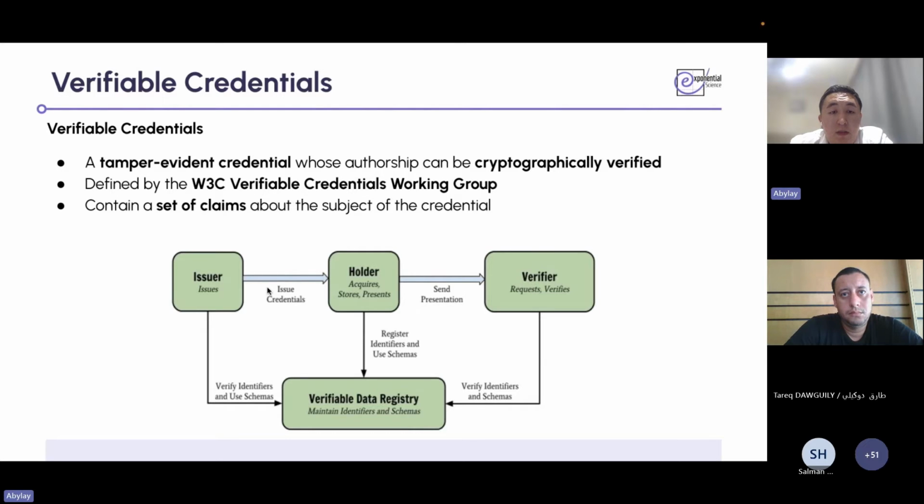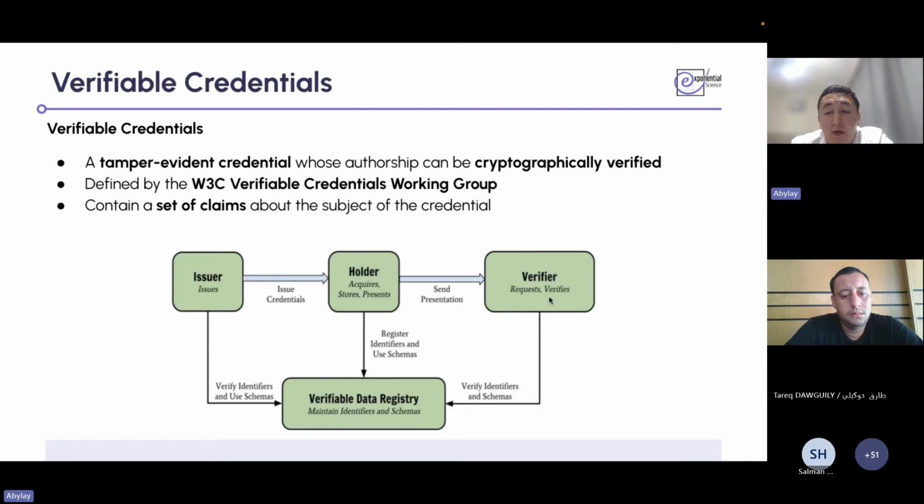Basically, in identity management we have three roles. We have an issuer who issues a credential to a user, or holder, who stores the credentials in his wallet, and can present them to a verifier by sending a verifiable presentation.